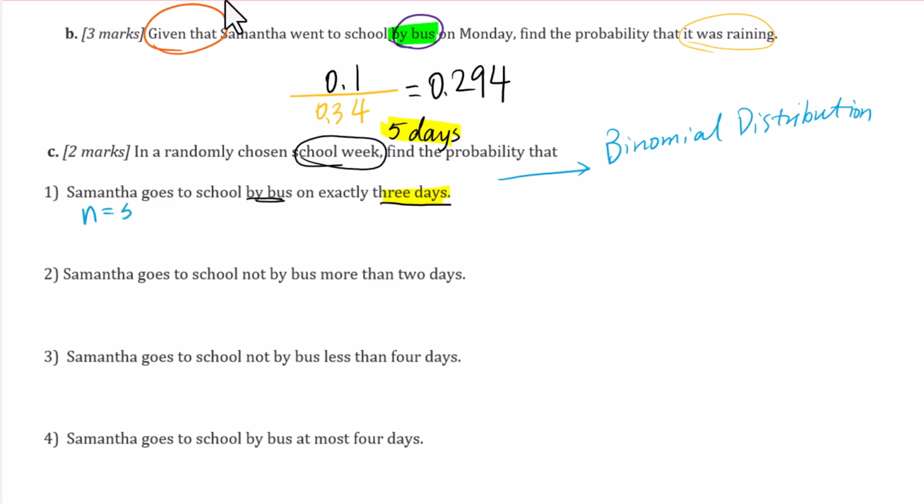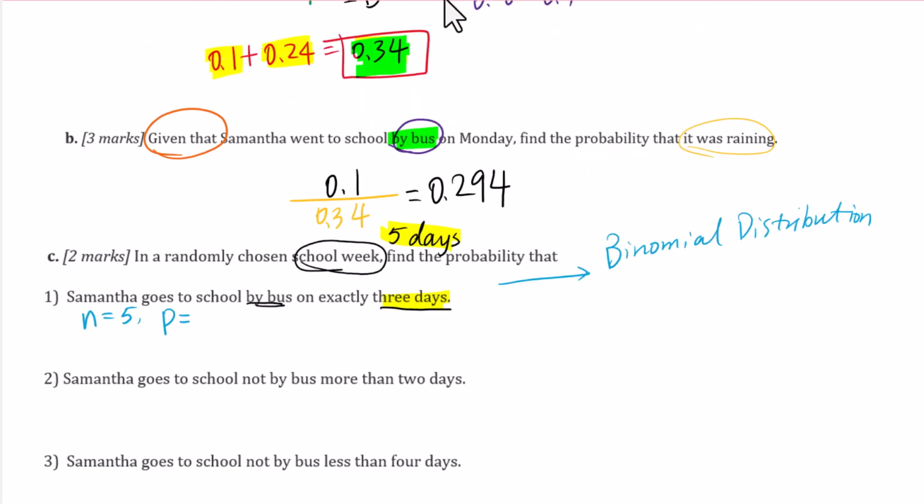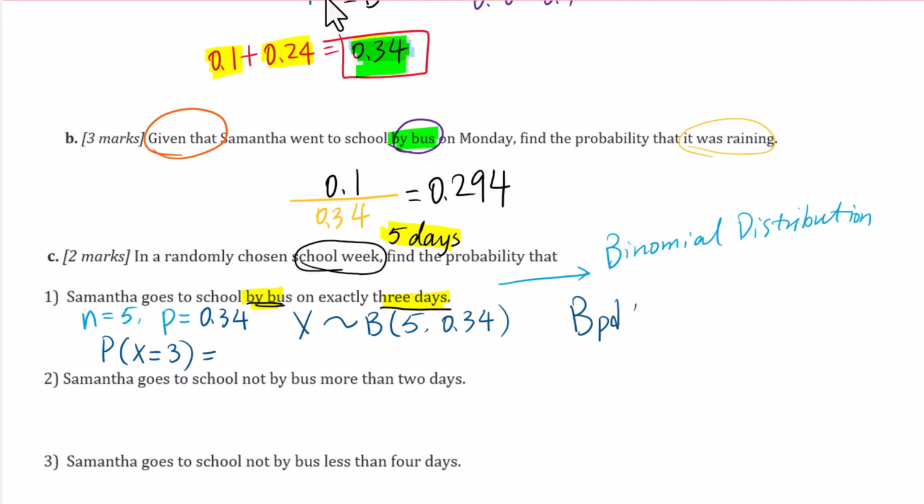N equals 5, P equals the probability of going to school by bus, 0.34. X follows binomial distribution with 5 and 0.34 as the probability of going to school by bus. We are looking for P of X equals 3. We will use the binomial PDF.